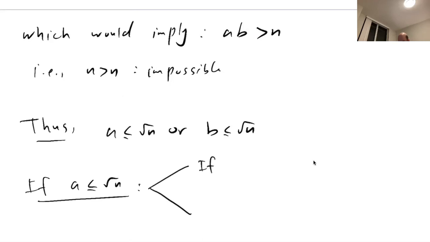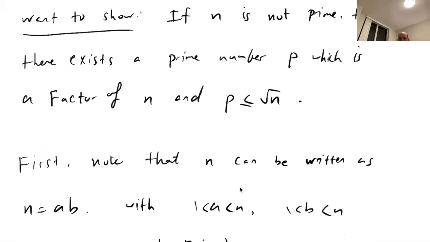If A itself is prime, then N has a prime factor which is less than or equal to root N. Remember what was my goal? My goal was to show that N was not prime. That was my assumption.